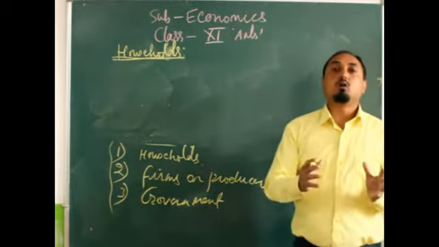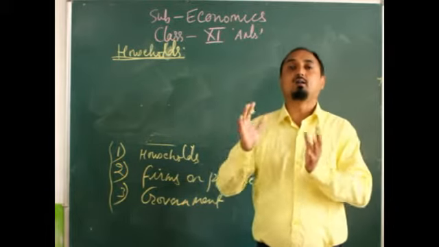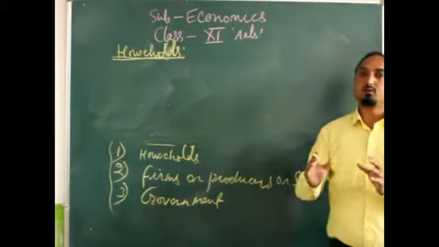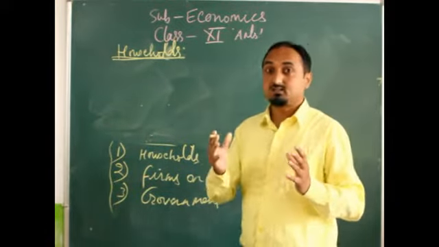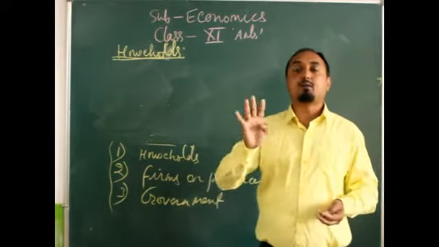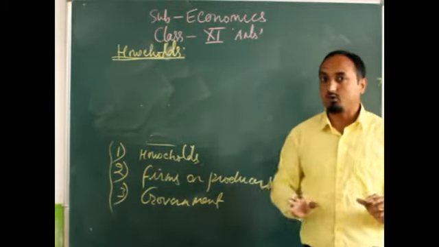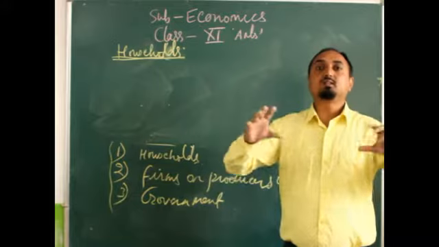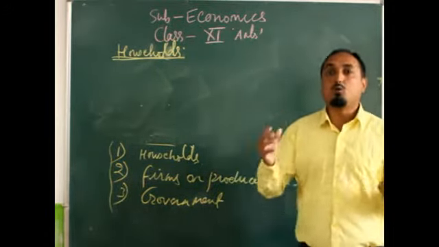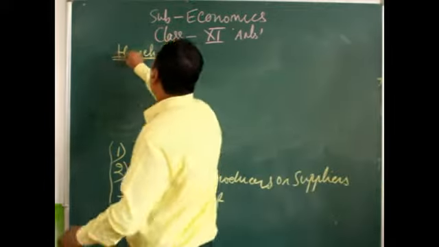Household refers to a group of people living together and taking economic decisions jointly. Here they take the decision jointly, not independently. Suppose we have five members in our house, then whatever decision we take will be a combined decision, and then we proceed to our work. So that is a household.